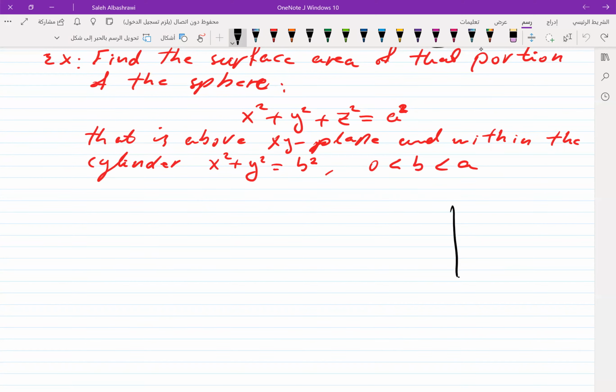See what we have here. We have three-dimensional space, and we'll have a sphere given.